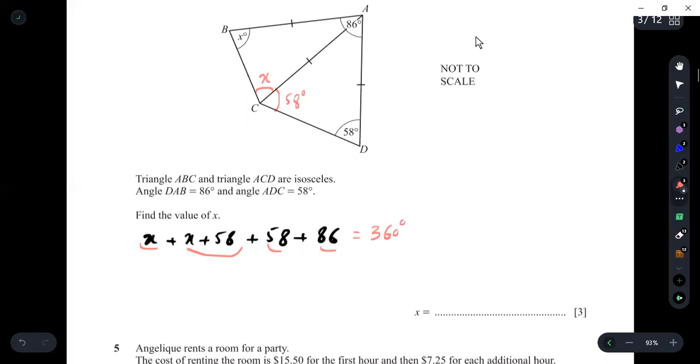So by solving this equation, we can easily find the value of x. So x plus x is 2x, and 58, 58, and 86 to be added. So we get 202 degrees. So 2x equals 360 minus 202.